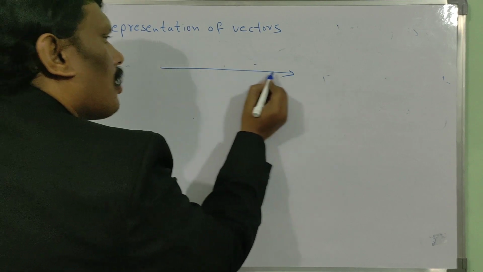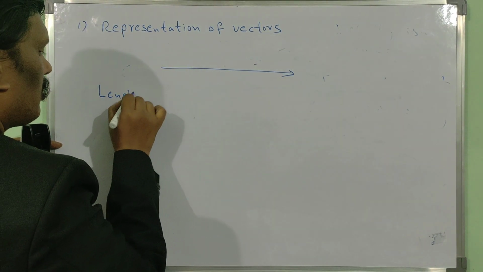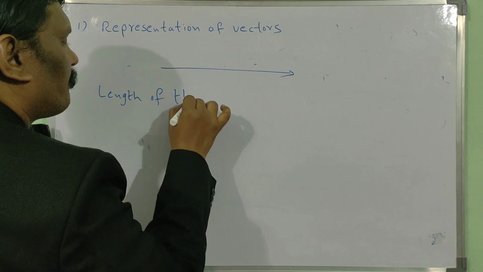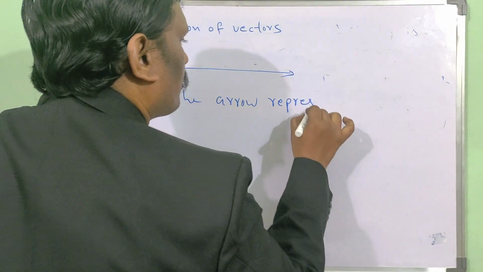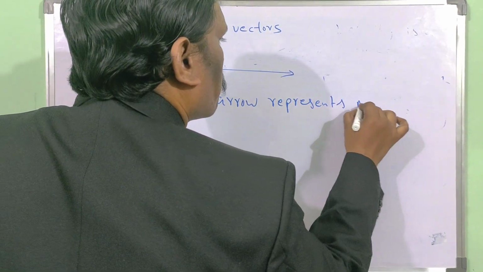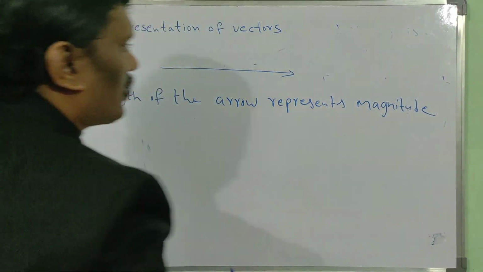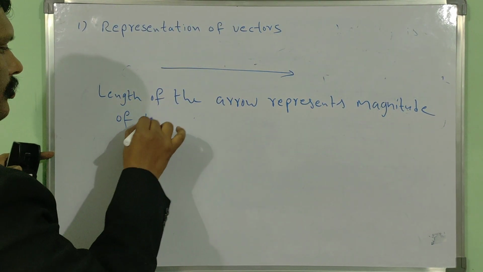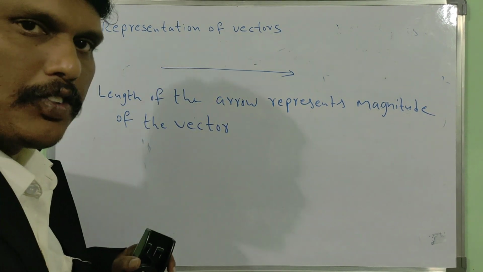Now, the length of the arrow represents the magnitude of the vector.